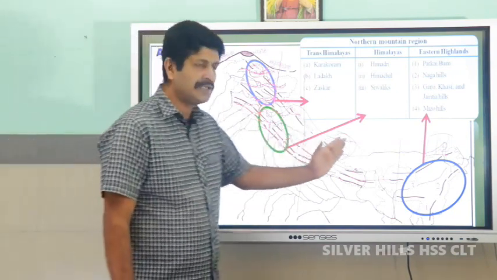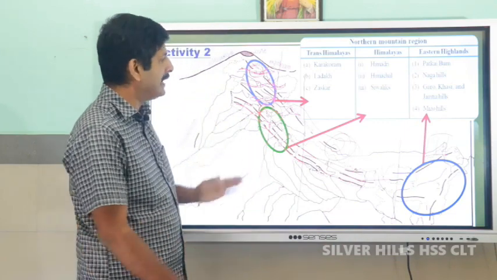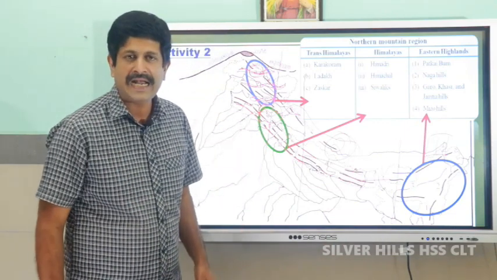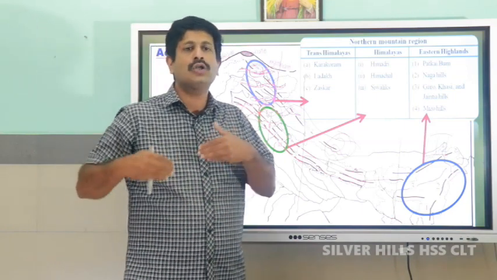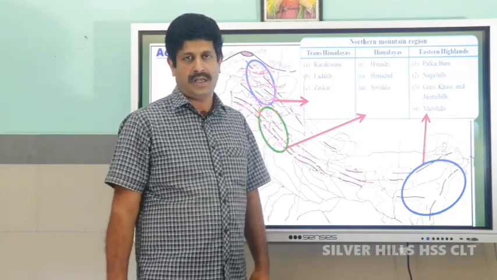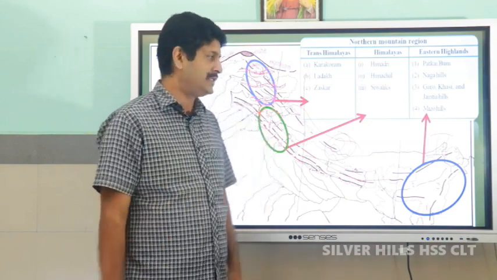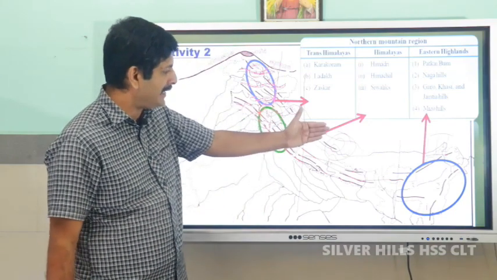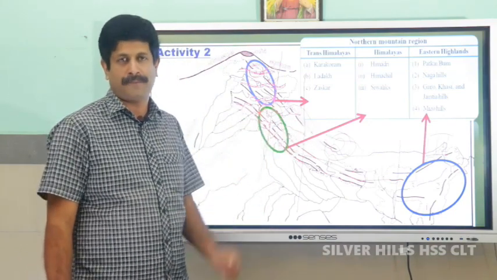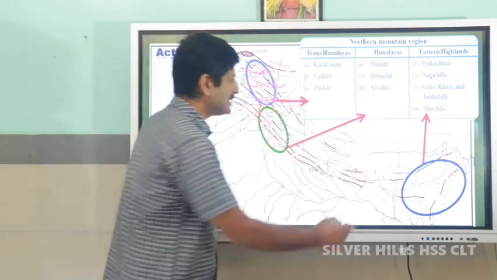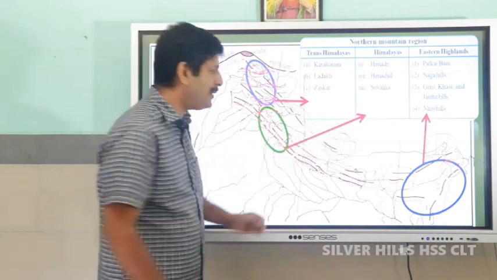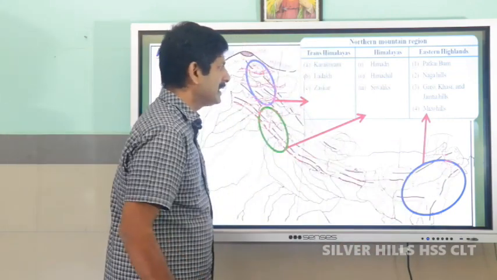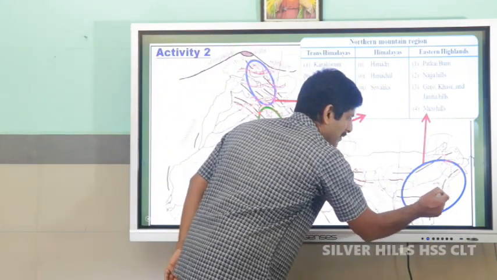The last physiographical division can be called the Eastern Highlands, also called Purvanchal. Purvanchal is divided into 4 physiographical divisions. The first one is the Patkai Bum. The second one is the Naga Hills.